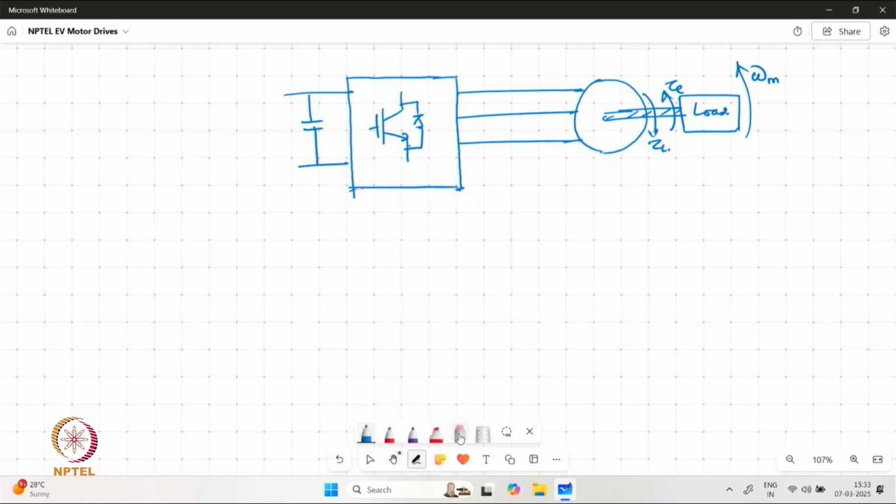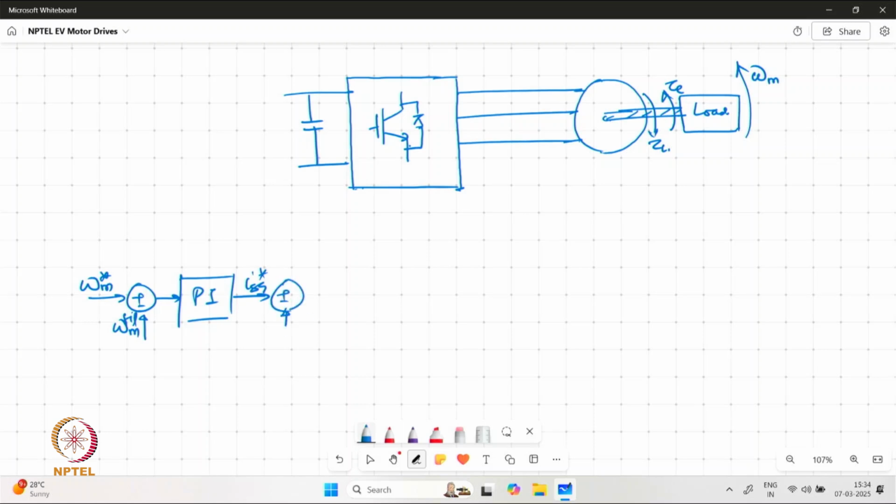Now, in the control section where we are providing the reference, we have the omega reference provided over here. Omega feedback is generated at this point. We have the PI controller which is generating the ISQ reference.